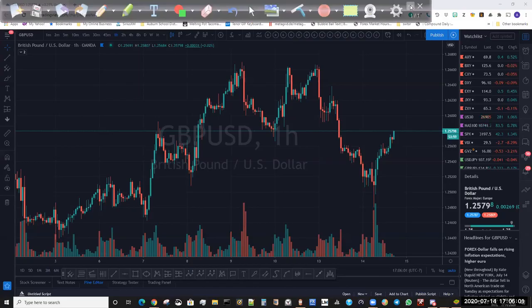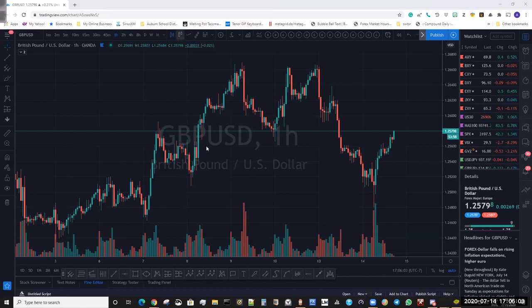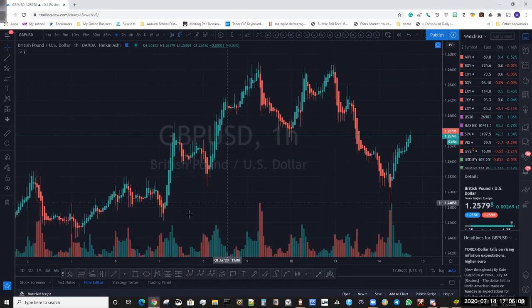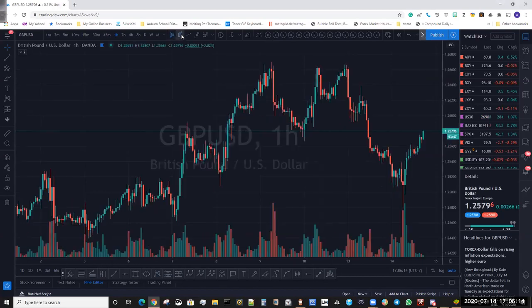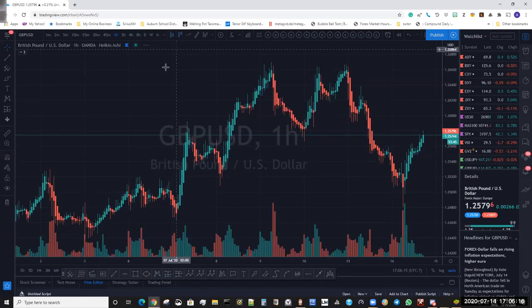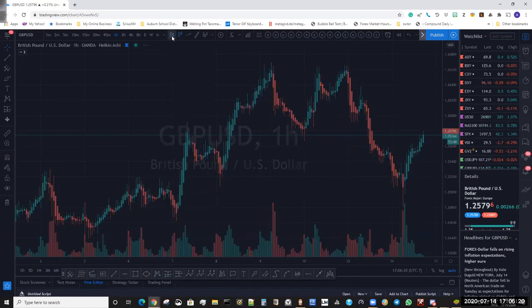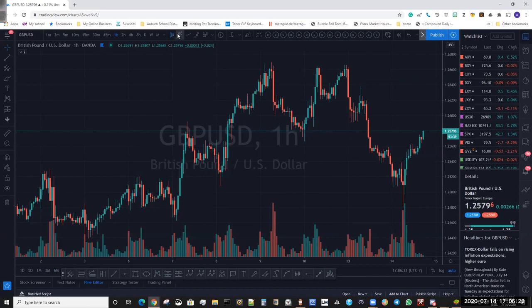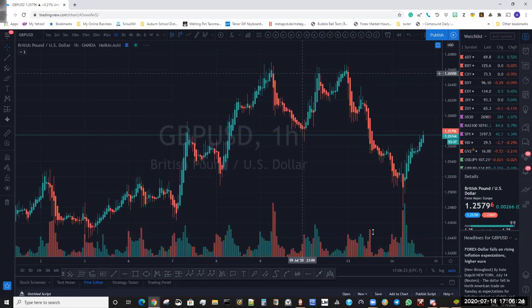This is Heikin-Ashi candles. Can anybody tell me the difference between this picture and this one, kind of like when you're at the eyeglass place? What's better, this picture or this picture? Which is clearer, 1 or 2? Anyone want to guess why 2 is clearer?